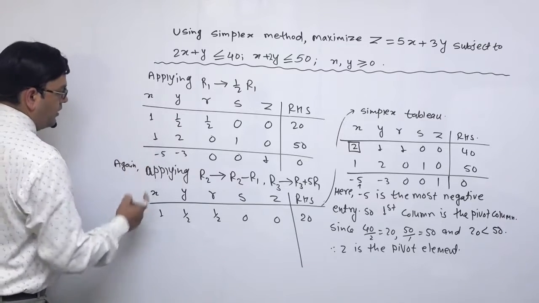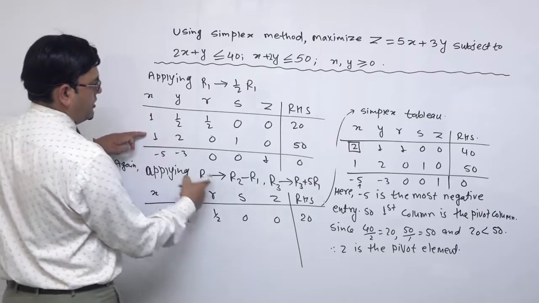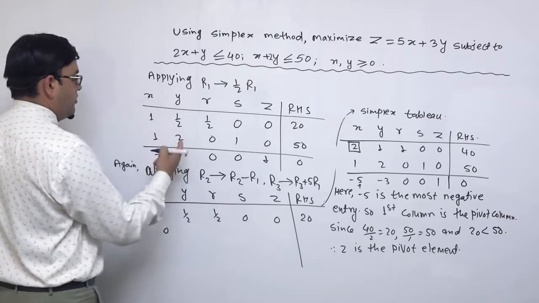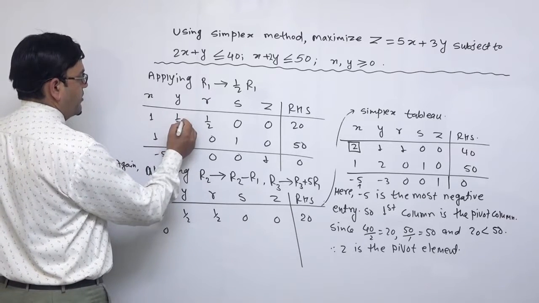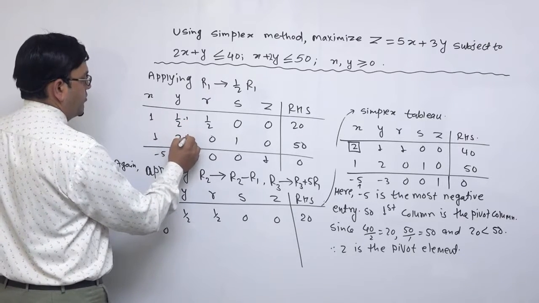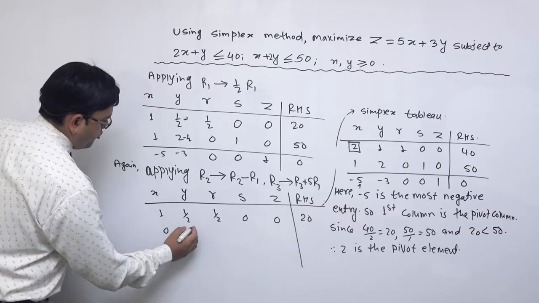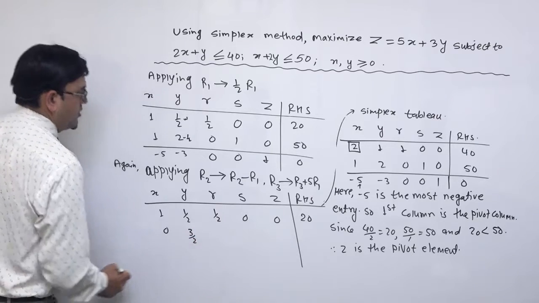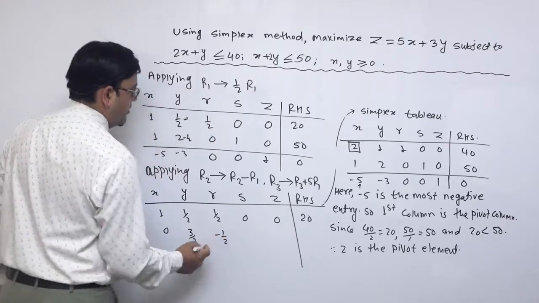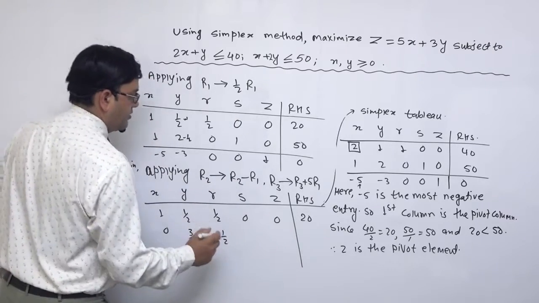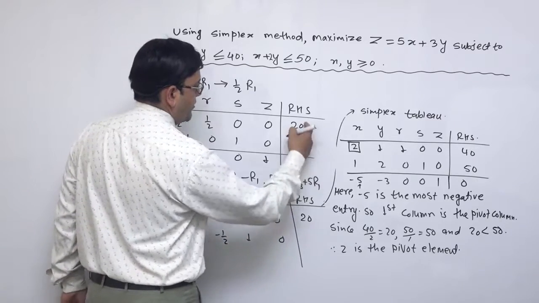Now here 1, this one is 0 because R2 changes into R2 minus R1, 1 minus 1 is 0. So 2 minus 1/2 गर्दा कति हुन्छ, 4 minus 1, 3/2. Similarly this minus 1/2. Similarly this minus this, 1 minus 0 is 1 and then 0 minus 0 is 0, 50 minus 20 is 30.